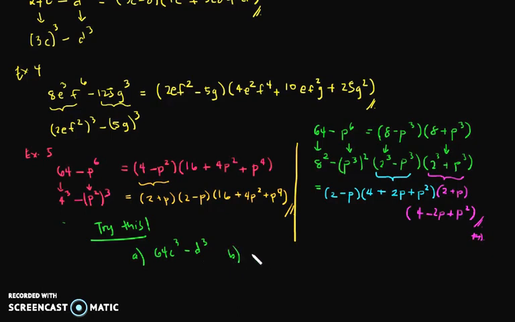Letter B, you have x raised to 3a minus 27y raised to 6b. Then letter C, you have negative 2m to the fifth plus 250m squared. Okay, so you have the luxury of time, so you can now start solving these. Have a happy solving moment.